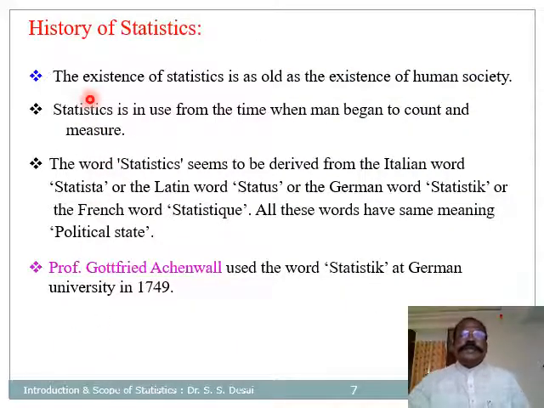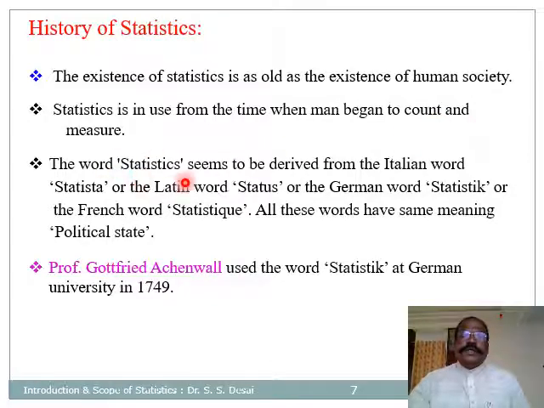Now let us see the history of statistics. The existence of statistics is as old as the existence of human society. Statistics is in use from the time when man began to count and measure.